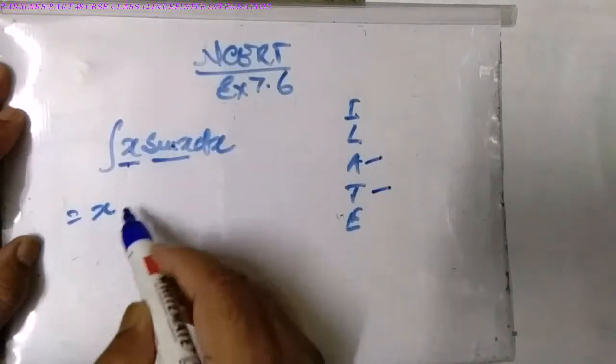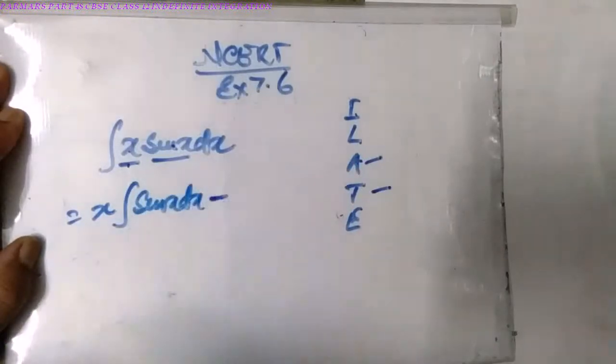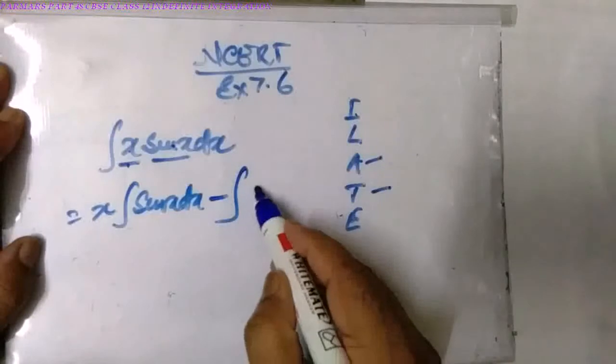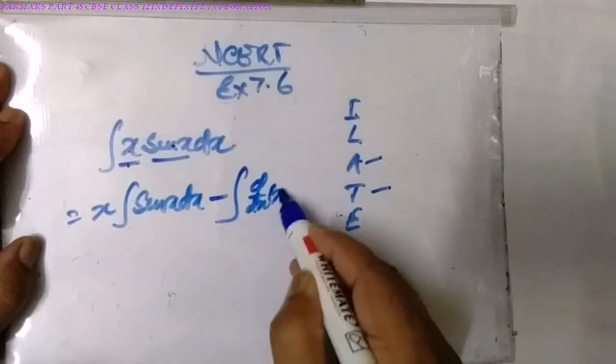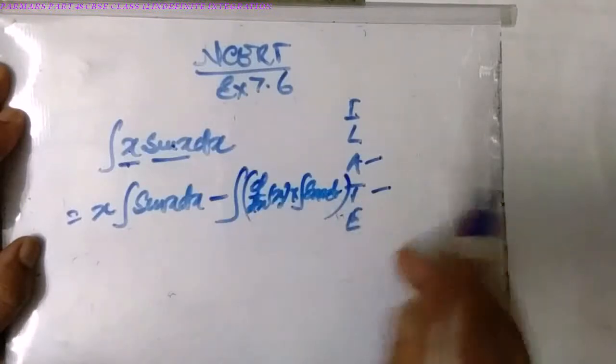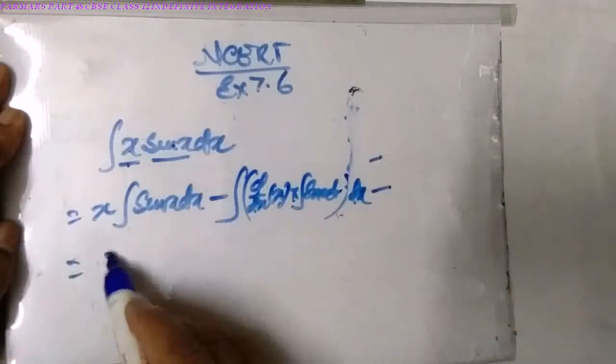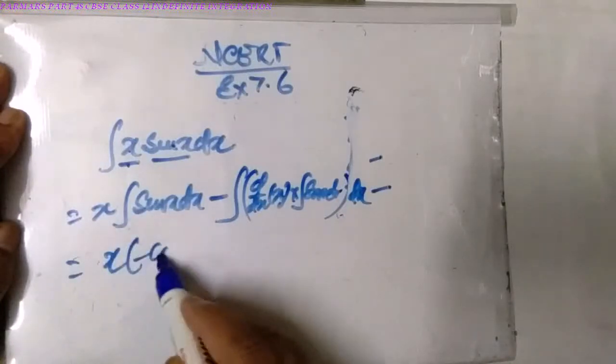So first function we keep outside, integrate sin x dx, then minus integration of d/dx of first function into integration of second function into dx. So what we get, x into minus cos x.